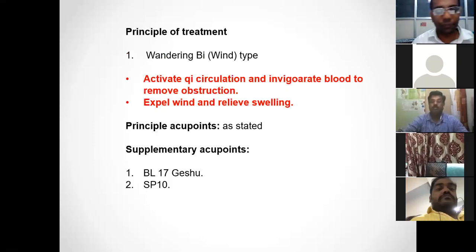Now we come to the supplementary acupoints, BL17 and SP10.